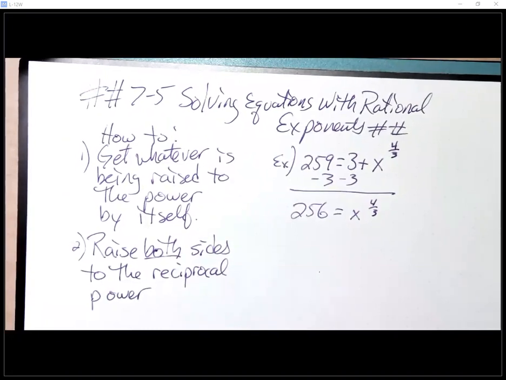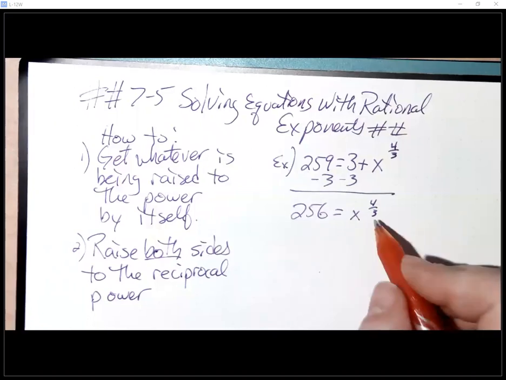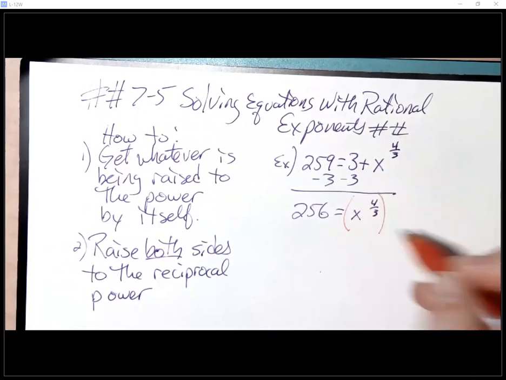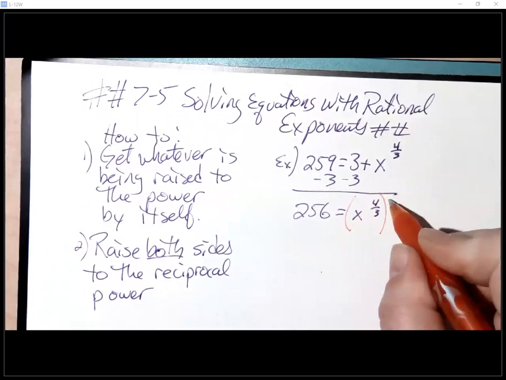I think the orange is a pretty good one. All right, first of all, what's reciprocal again? Flip the fraction. That's all reciprocal is, right? Fraction flipped over. So what's the reciprocal of 4/3? 3/4. Watch this, everybody. I'm going to raise this to the 3/4 power.